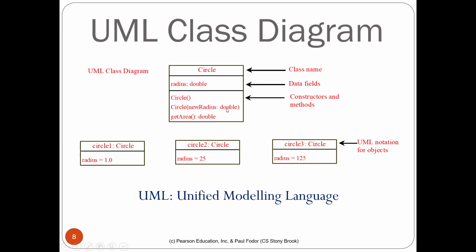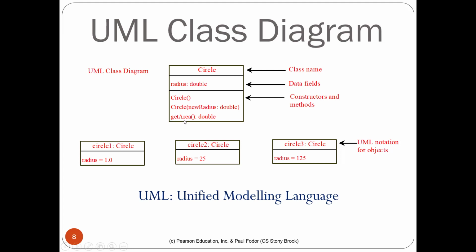Okay, good. Now, what about getArea? getArea is interesting because this method is returning a value which is double. So what we have to do is write this method first, and then a colon, and then the type of the value that it is returning. So getArea will return a value which is area, and area is double.